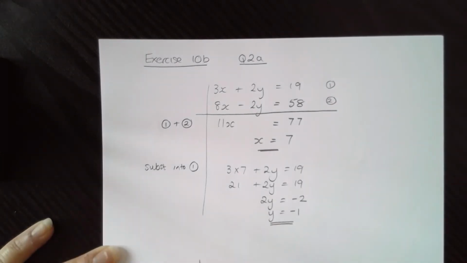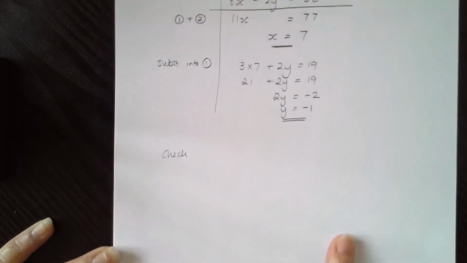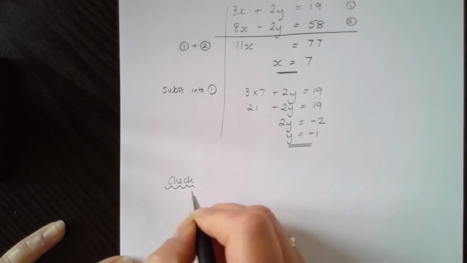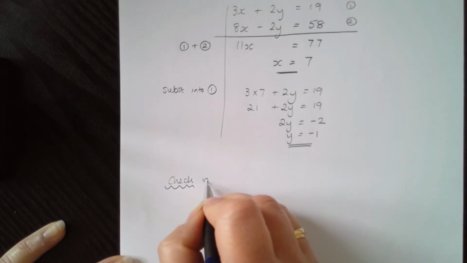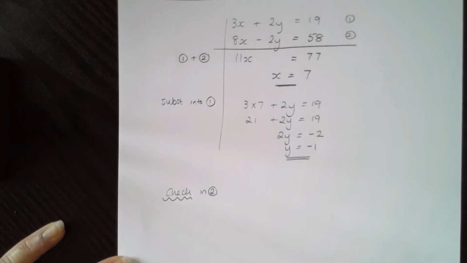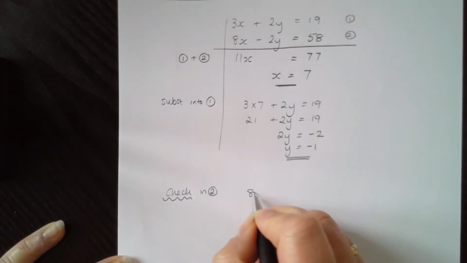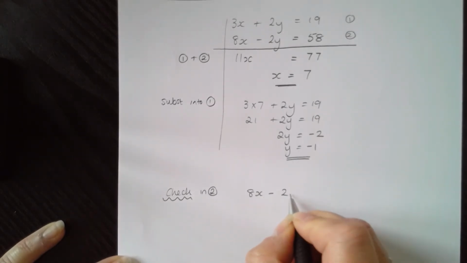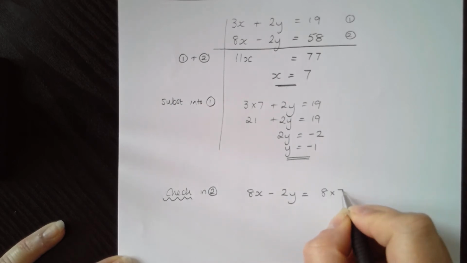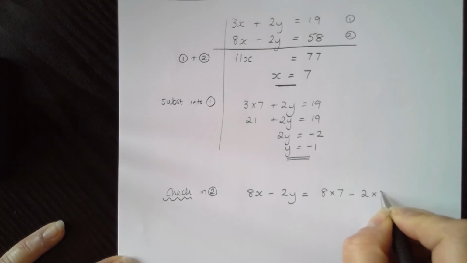And I'm going to perform my check. Before I went into 1, so I'm now going to go in 2 and just see equation 2 there. So 8x take away 2y is equal to 8 lots of 7 take away 2 lots of negative 1.